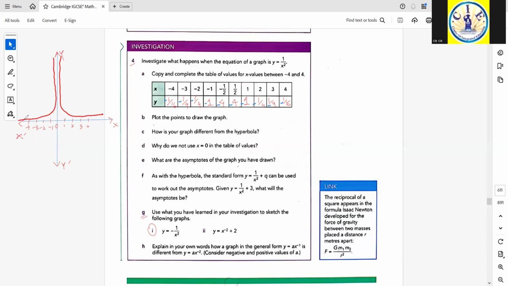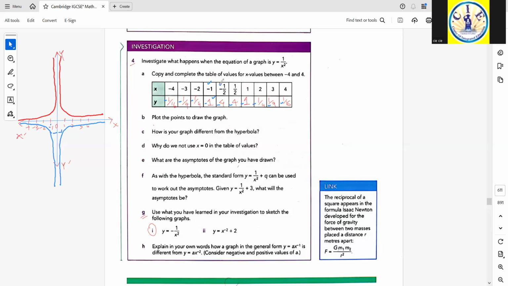All the graph and both of its parts are going to be on the negative side of the y-axis. That means it is going to be made something like this and like this. So if you plot all these points, for example, if there is -1, that corresponds to -1 on the y-axis. So for here, the value of y is -1.